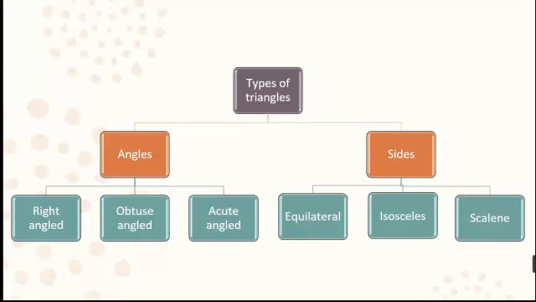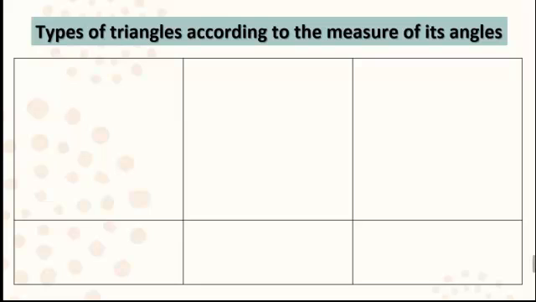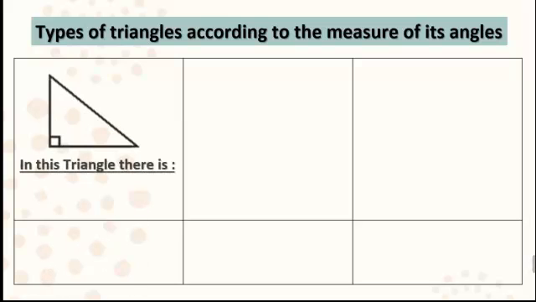Let's take the 3 types that are according to the angles first. I have 3 types, as I told you. The first one, if I have this triangle, it has 1 right angle and 2 acute angles. I have 3 angles, and one of them is right and the others are acute angles. I will look to the biggest one.